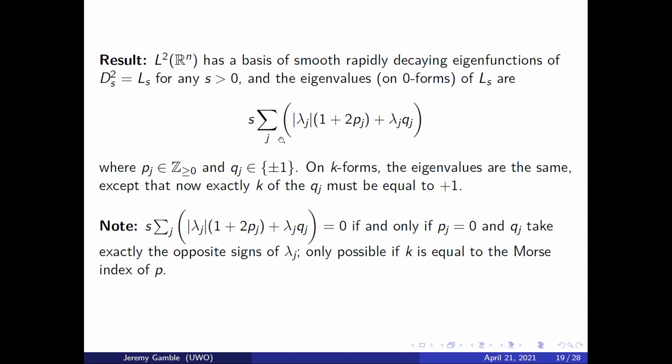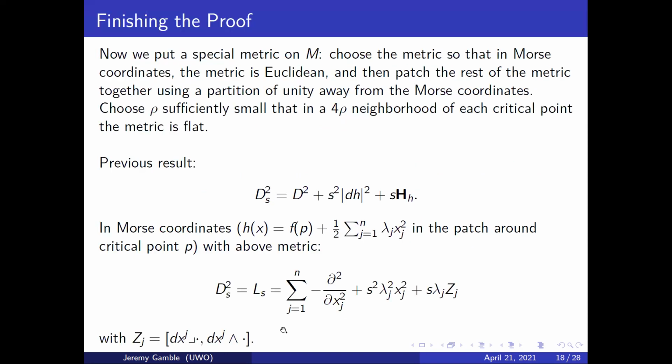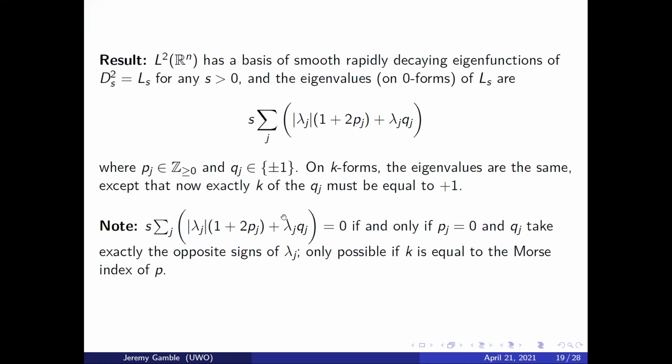So these are the eigenvalues, and because of the structure of this Zj, when this acts on K forms, exactly K of these Q sub j in any given eigenvalue must be equal to +1. And this is where we see the critical points first popping up, I mean, the Morse index of the critical points.